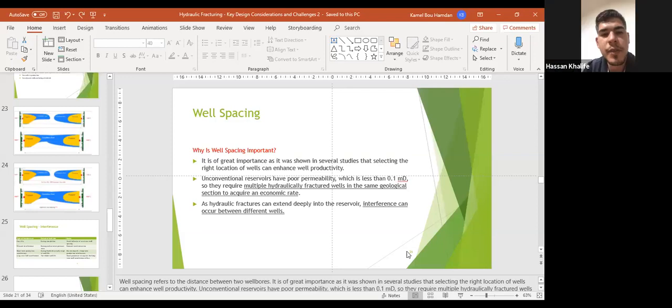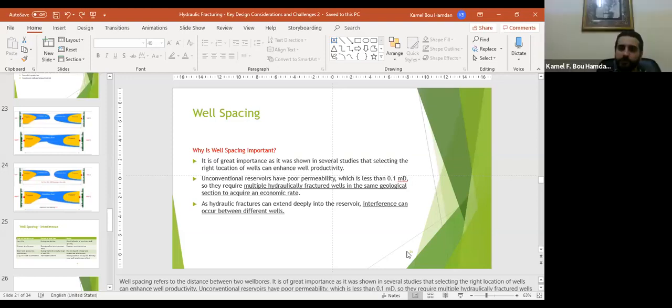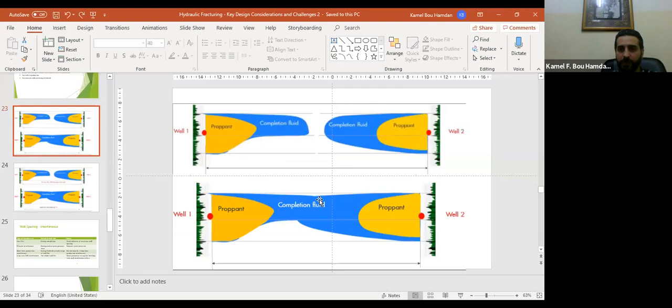So we have another question from Mahdi Darwish. What are the signs or indications that we have frac hits? Okay, so going back to this image, if you have a frac hit, the fluids are interacting together from well 1 and well 2.